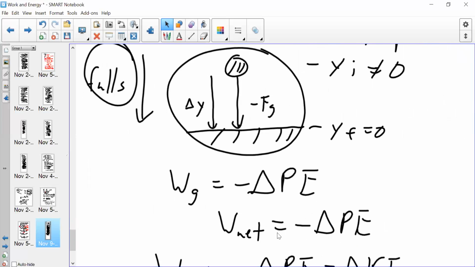When I raise the object into the air, the work done by gravity is negative, but that's also equal to an increase in the potential energy. And we're going to call this a special type of potential energy called gravitational potential energy, because the force in question is the gravitational force.